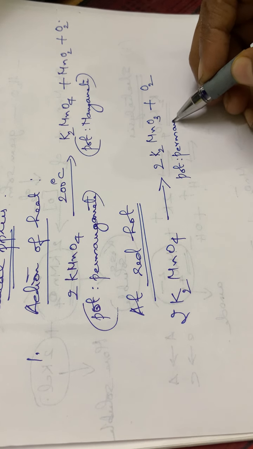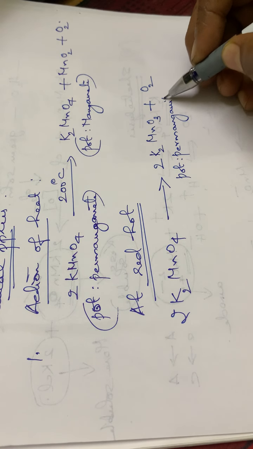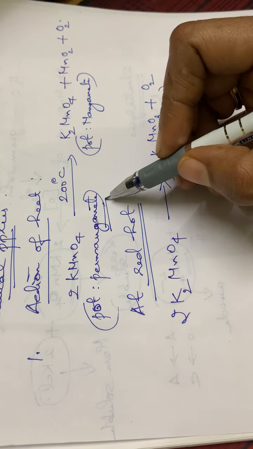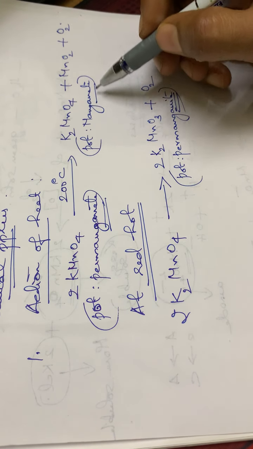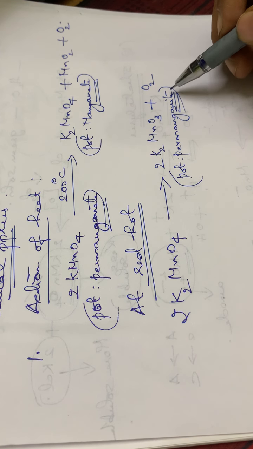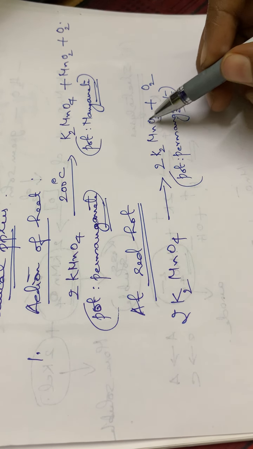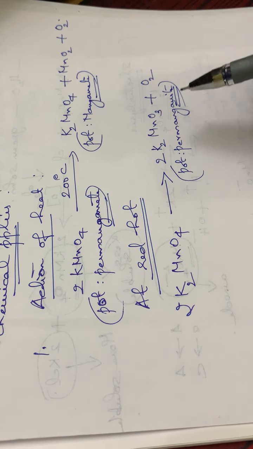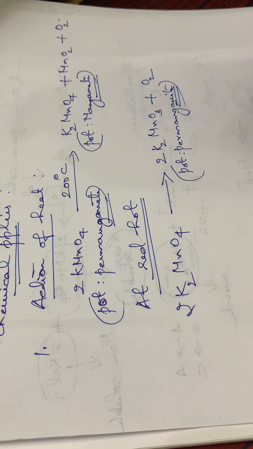Don't get confused with all these three. First one is potassium permanganate, then potassium manganate, then potassium permanganate. So the formula is K2MnO3. So here decomposition of potassium manganate takes place to give potassium permanganate and oxygen.